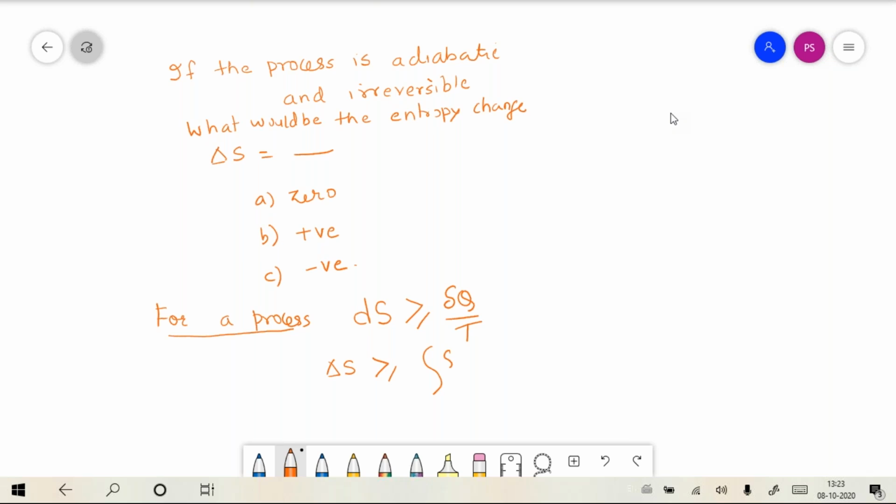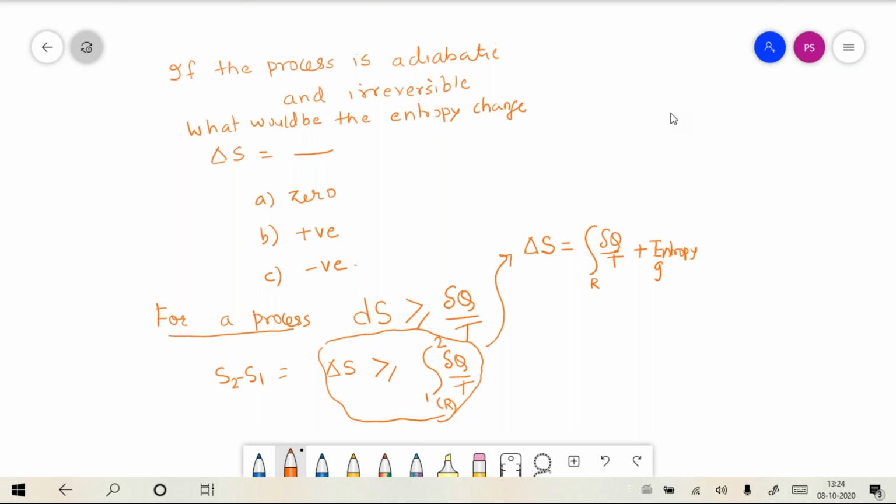If I want to replace this inequality by an equality sign, then delta S would be equal to the integral of del Q by T performed along a reversible path, plus the entropy generation, which has to be always positive.